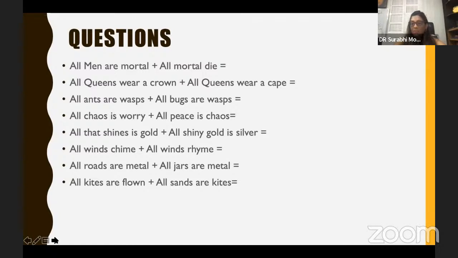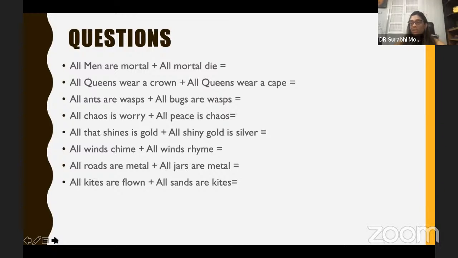And let's solve these together. Mark the middle term. See if it is distributed once or twice or no times. I'll give you 2 to 3 minutes to solve it by using the rules that I have taught you just now.